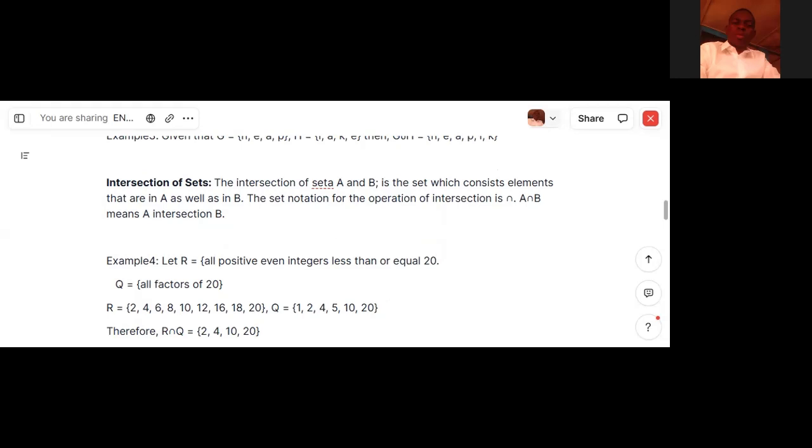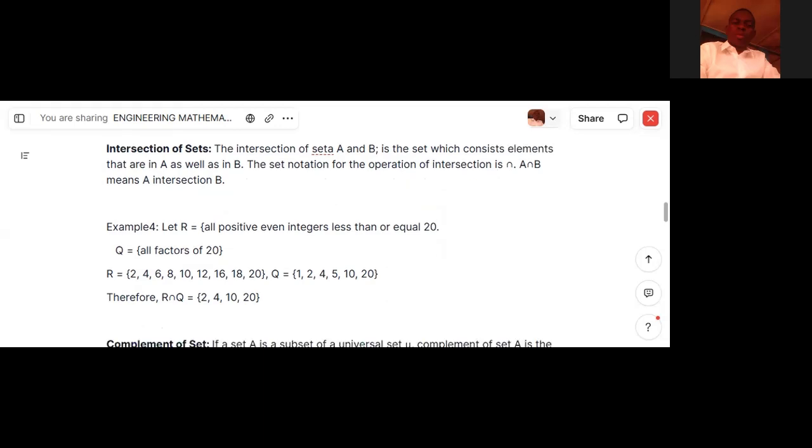Please note that we move straight down to intersection of two sets. When two sets A and B have elements that are common to both, the set of elements common between the two sets gives us the intersection of sets A and B. There's an example in the material.